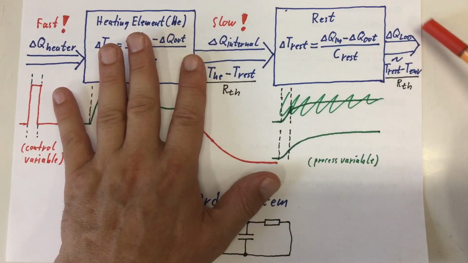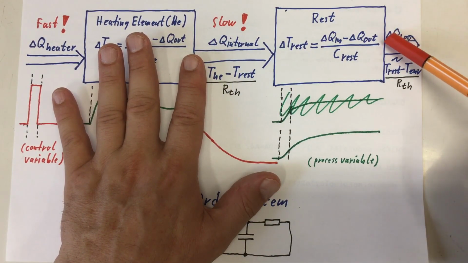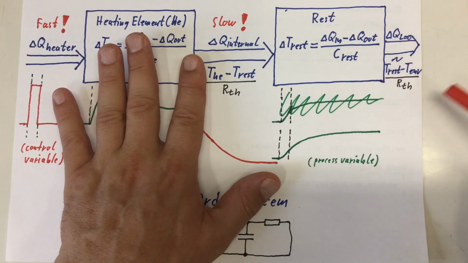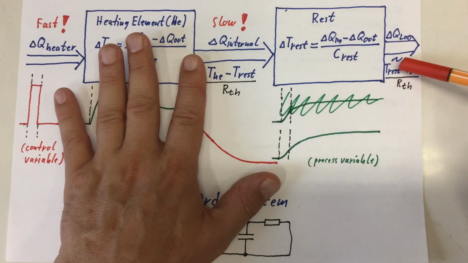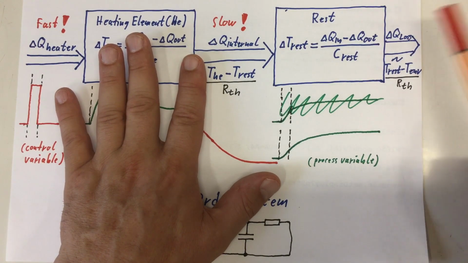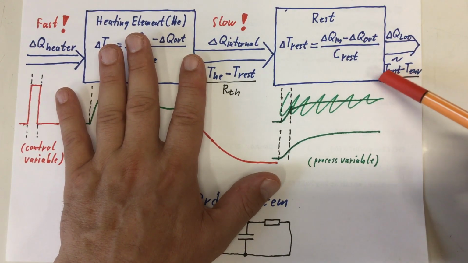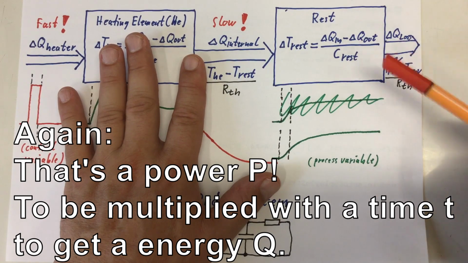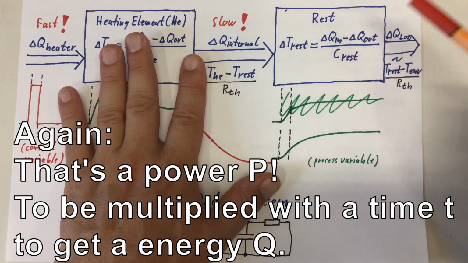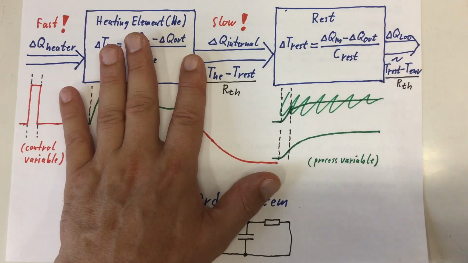And of course, that is also true for the losses that flow out. That's the temperature of our rest minus the temperature of the environment, so the air around it, over the thermal resistance that we have between our complete laboratory water bath and the environment.